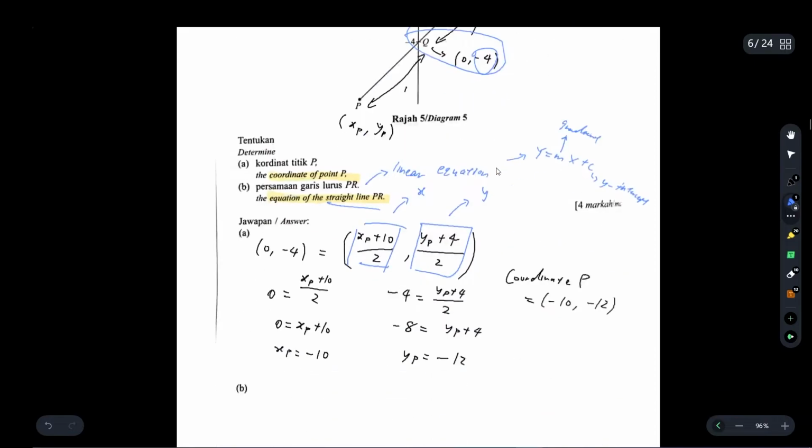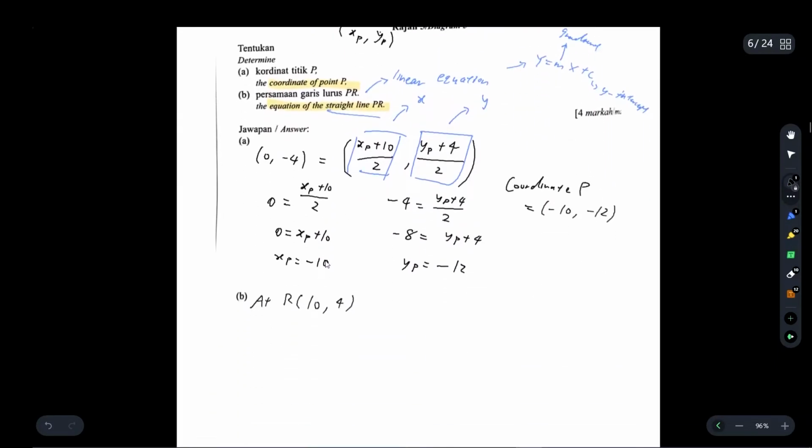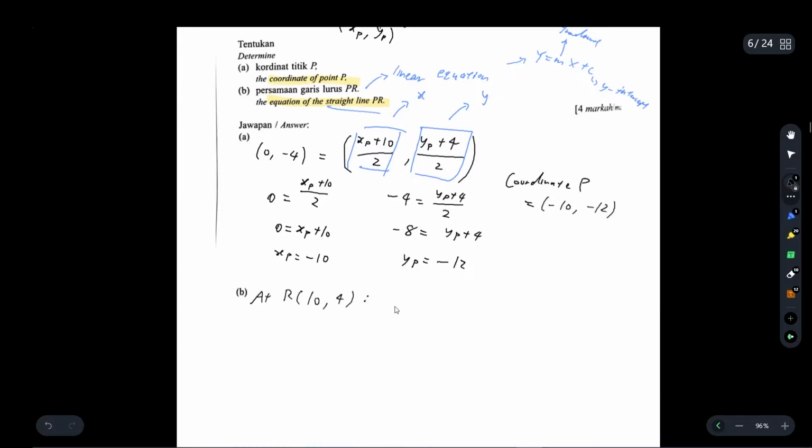So let's take R. At R, it's 10, 4, I think, right? Let me check again. Yep, 10, 4. So we substitute into y equals mx plus c. We have m and the 10, so 10m plus c, and negative 4.